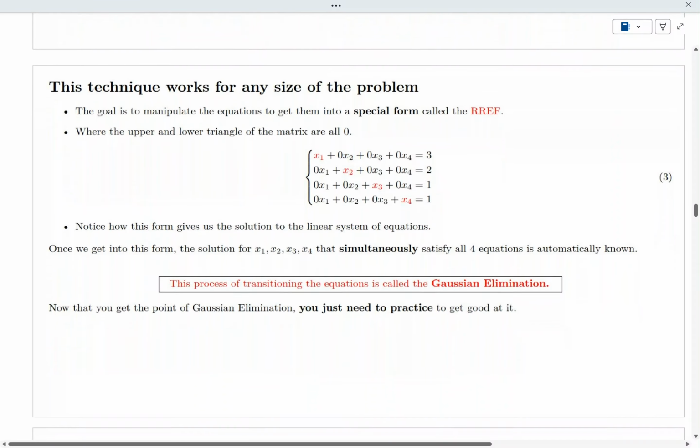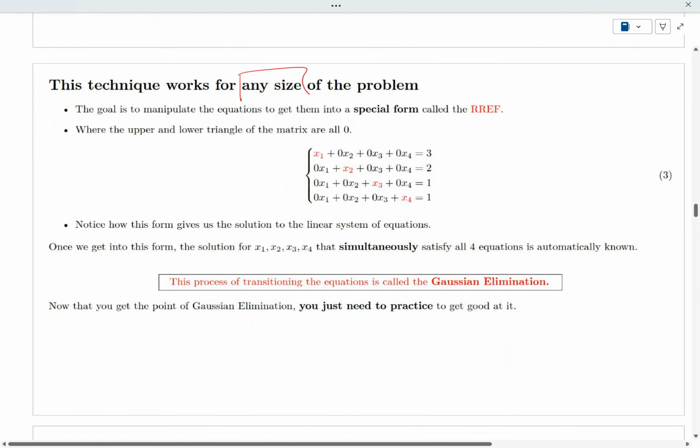Now, this technique works for any size of the problem. And this is great. And the goal is you want to manipulate the equations such that both upper and lower triangular are 0. So notice this is the upper triangle, this is the lower triangle, and the diagonal should equal 1.